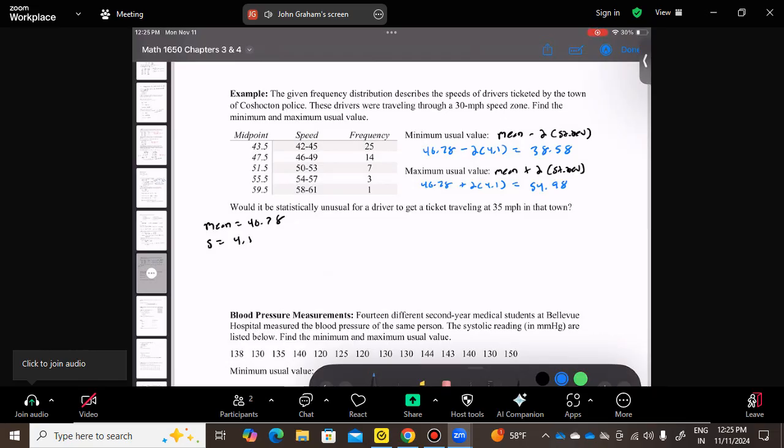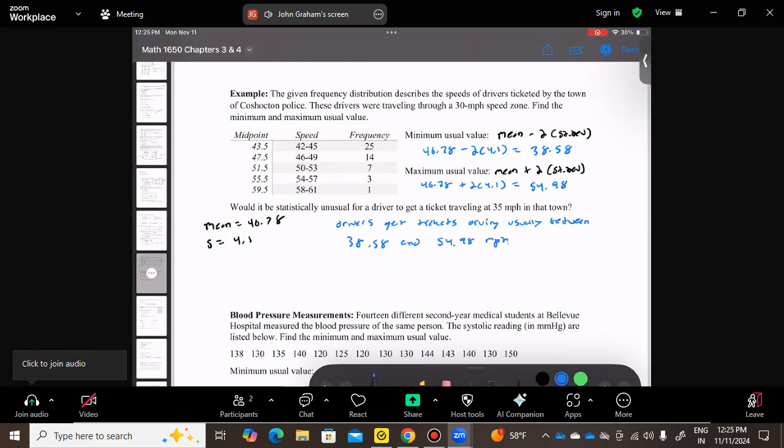Alright, so drivers get ticketed driving usually between 38.58 and 54.98 miles per hour.